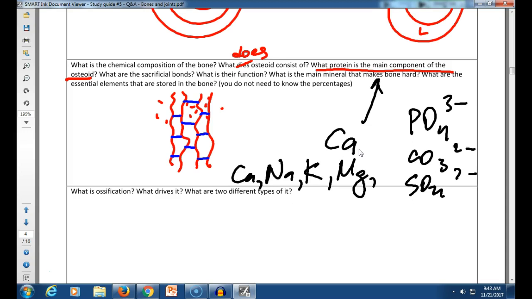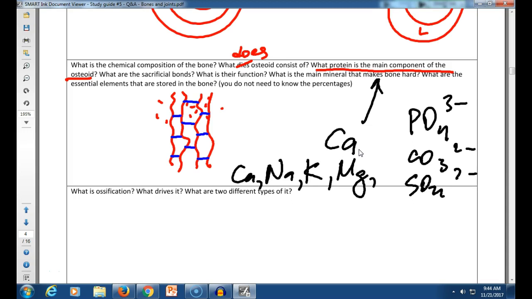If you look at human electrolyte balance, those are the essential ones, really. Of course, you do not need to know the percentages, and I will not ask you to pick the right list. Do you understand?